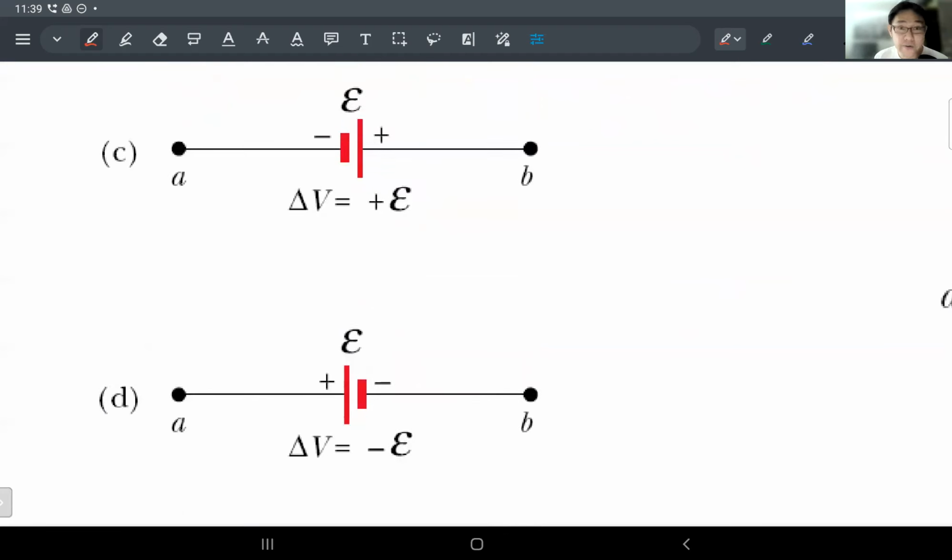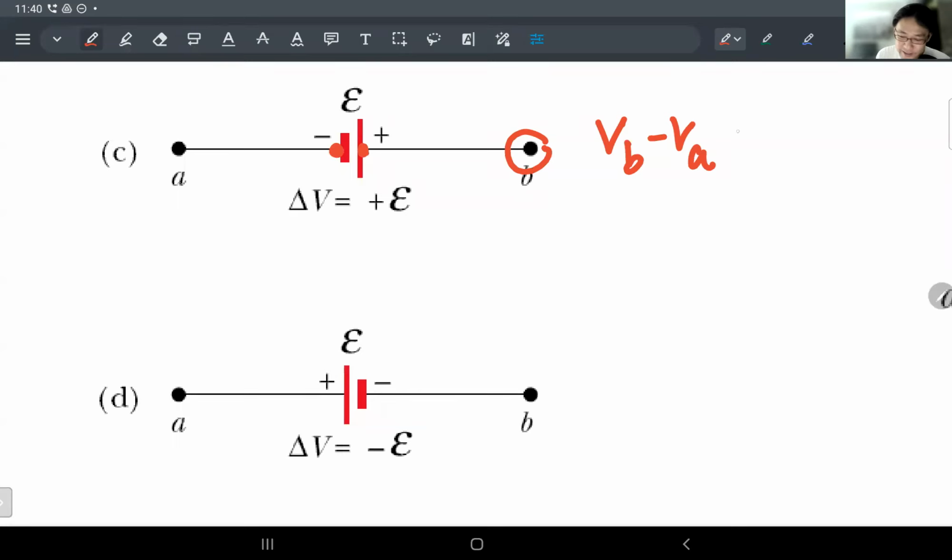If you are facing a source of energy, like a battery, and I'm asking you what is VB minus VA, well, your B terminal is connected to the positive end of your battery, and your A terminal is connected to the negative end.